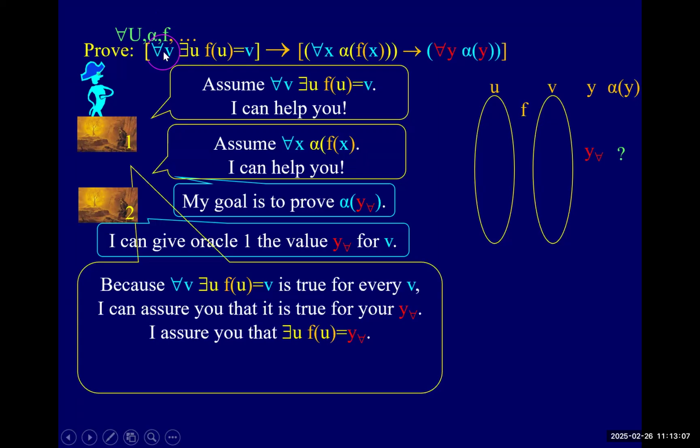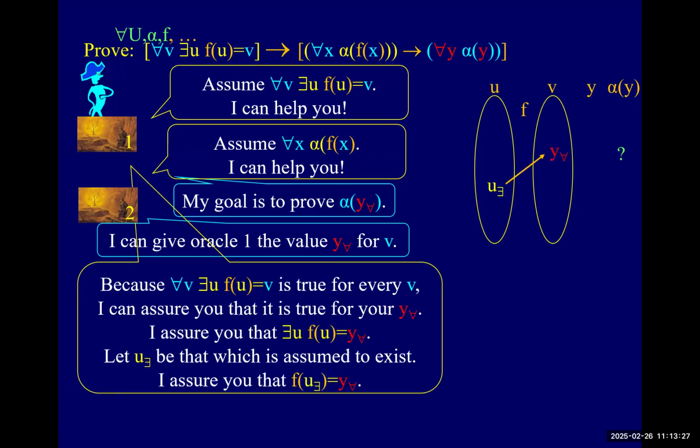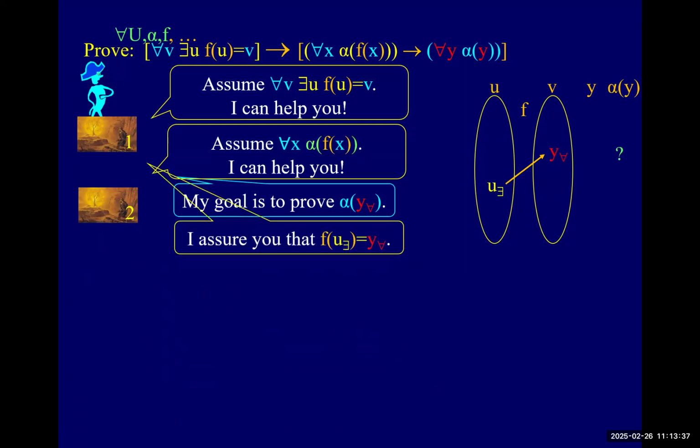Well, if I give it Y, it gives me the X. So it's showing me that there exists a U. I tell her Y, she tells me a U that hits it. So now I know that F of U is Y. So I know F of U. Then I go over here to the other oracle.